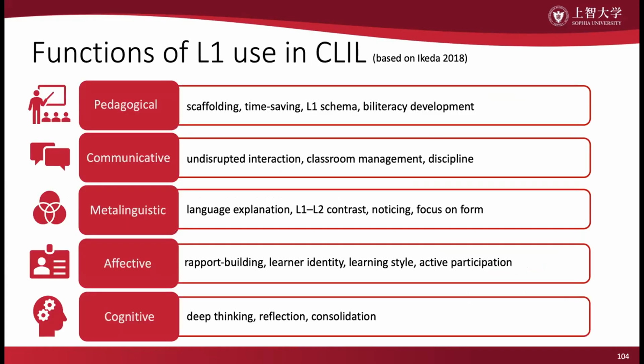And there are many functional uses of the L1 in CLIL. Some of the common examples, for instance, pedagogical functions, it saves time, right? Metalinguistic functions, for example, comparing the L1 and the L2, or could be for rapport building with students, and importantly, cognitive functions such as promoting deep thinking and reflection about the content.